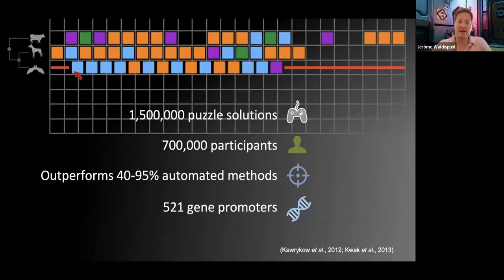So we took this data, we analyzed it, and we showed that the concept works. Between 40 and 95% of the puzzles that we collected were improving upon the state-of-the-art algorithm for making this alignment. We applied that to some gene promoter regions, and we showed that the concept is working. However, next slide.